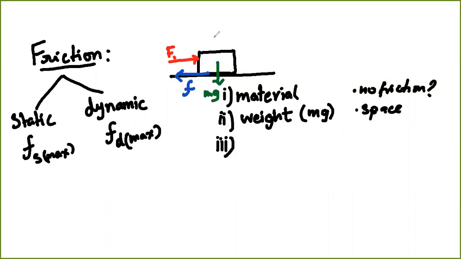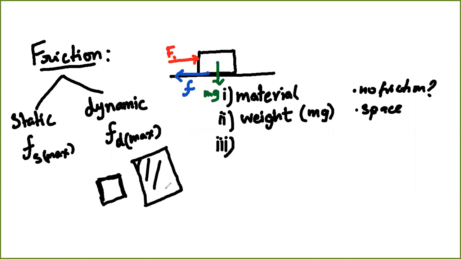Now, if you think about it a little bit more, you would also think that a larger surface in contact would matter. If you look at the surface from the top, this is the surface area of the crate, and there is another crate which is larger, and therefore the surface area in contact is also larger.